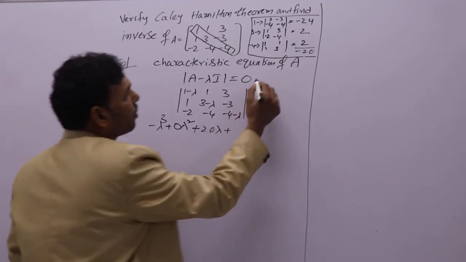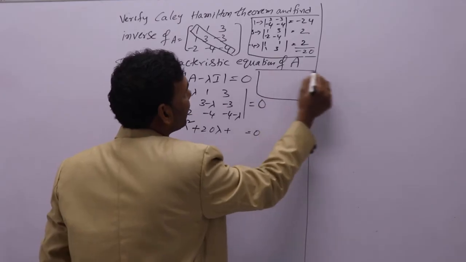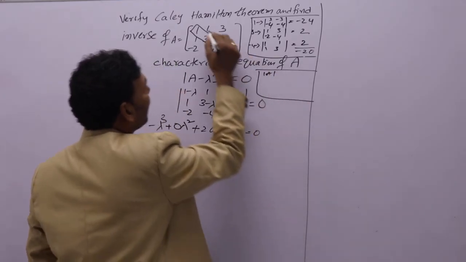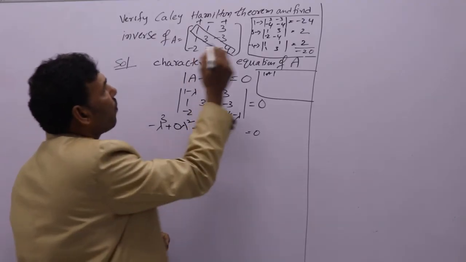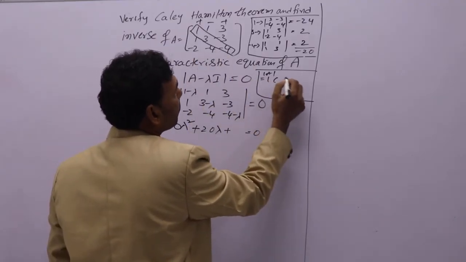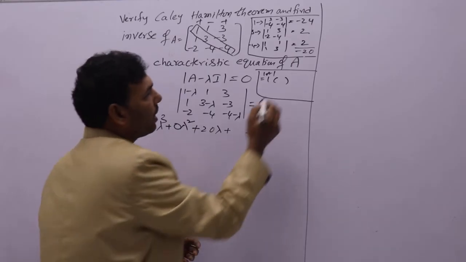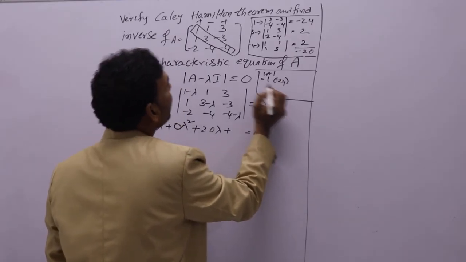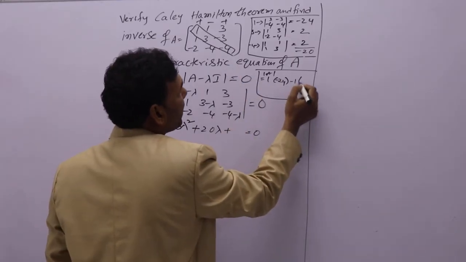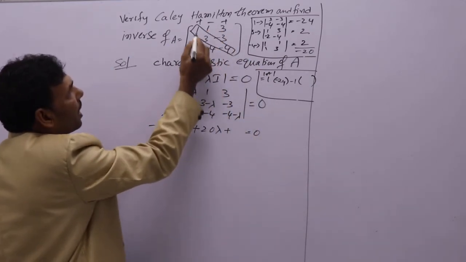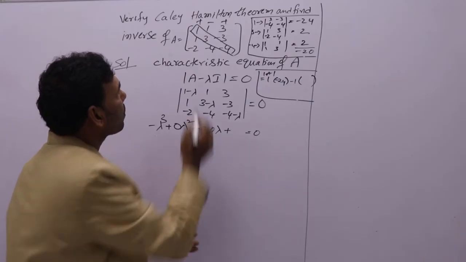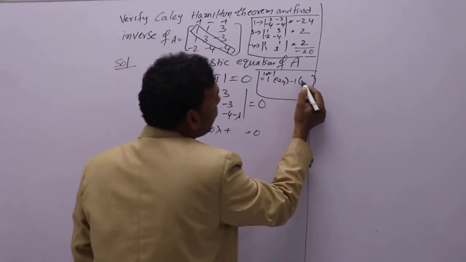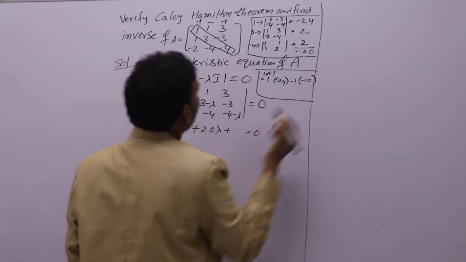Det A, you know how to find det A. Det A I already said, by writing cofactor signs like this: plus minus plus. 1 into the corresponding cofactor, minus 24. Minus 1 into, the corresponding column and row is eliminated, 1 into minus 4, minus 4, minus 6, minus 10.